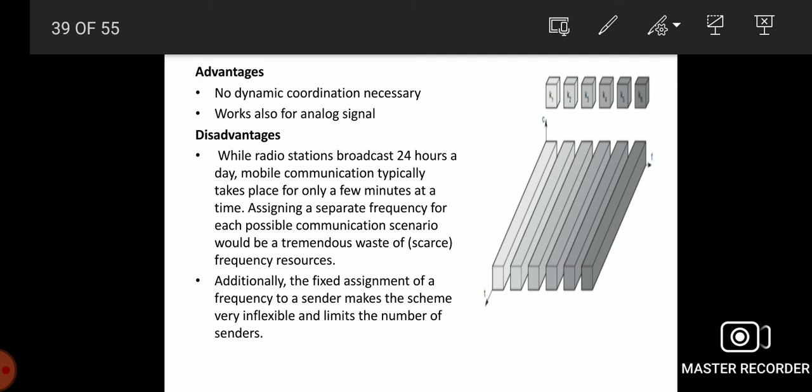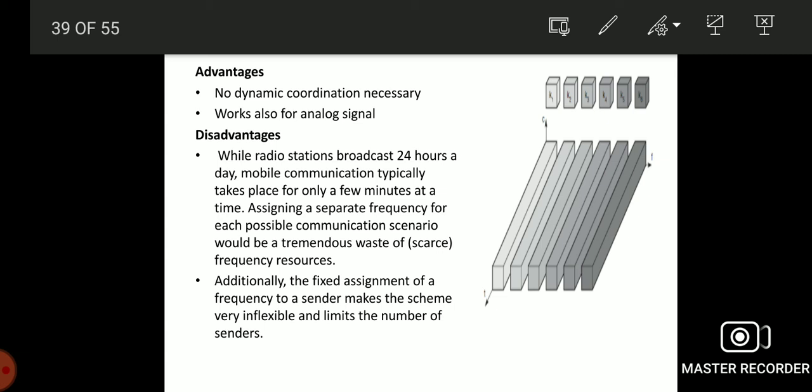So, the types of frequency division multiplexing: there is the fixed assignment multiple access scheme and also the demand assignment multiple access scheme. In the fixed assignment multiple access scheme, the satellite channels are assigned in a predetermined fashion and distributed such that random changes in capacity are not allowed.